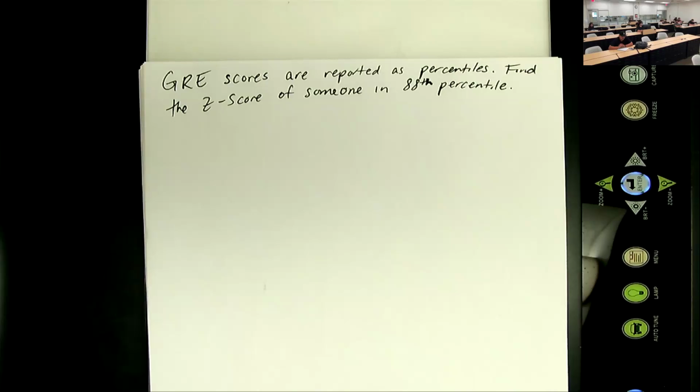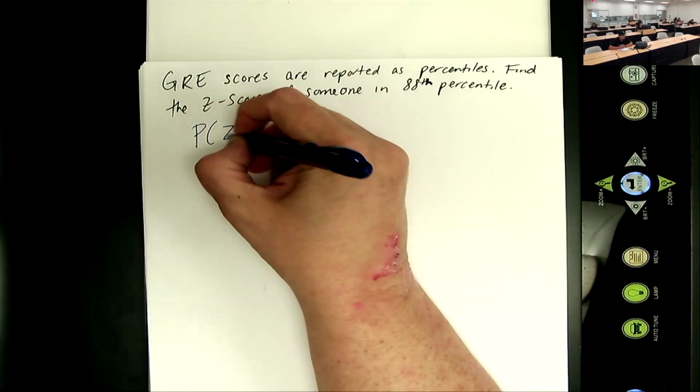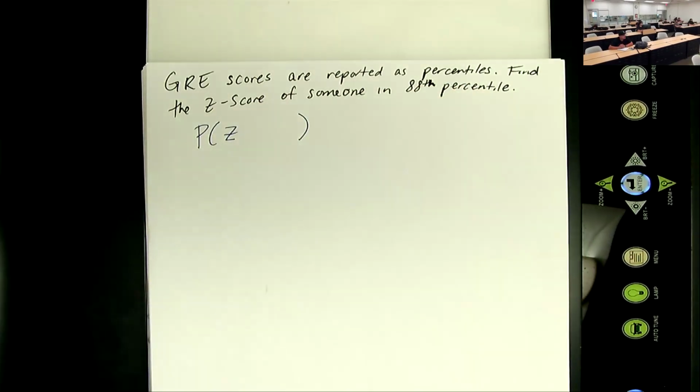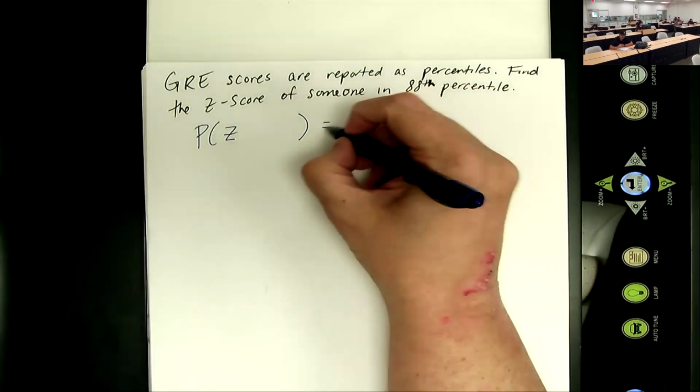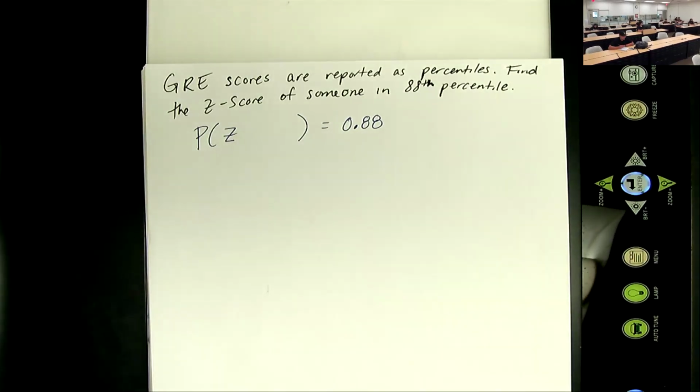Well, we can do this in the normal calculator. In the past, we've been filling in the Z-score part though. Here, we want to do the percentile part as 88%.